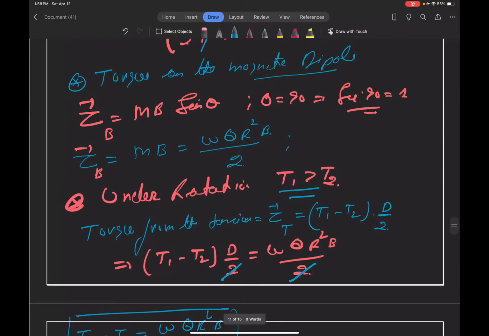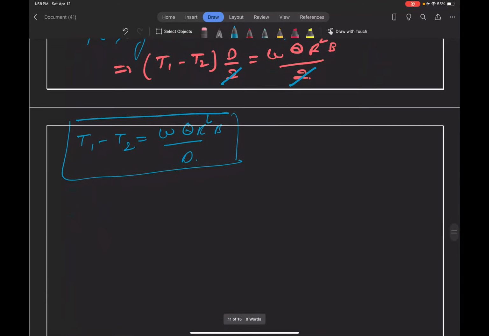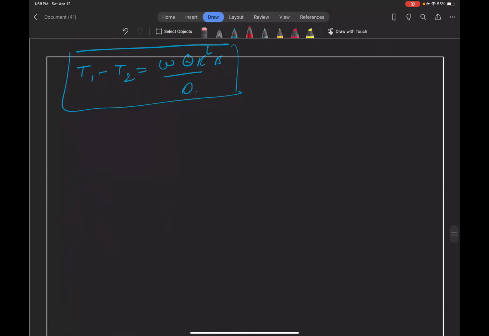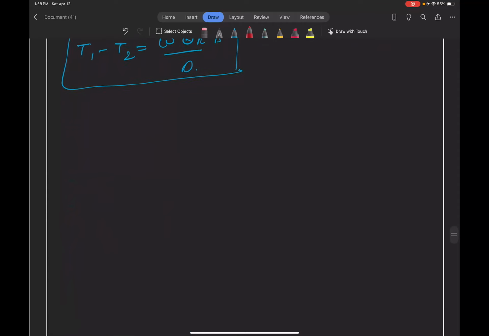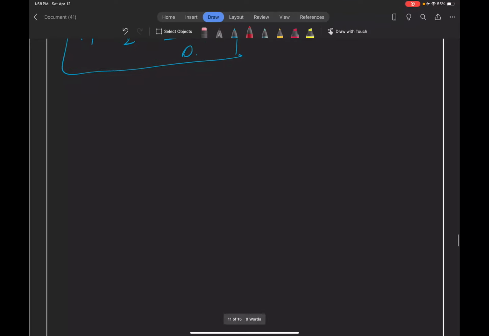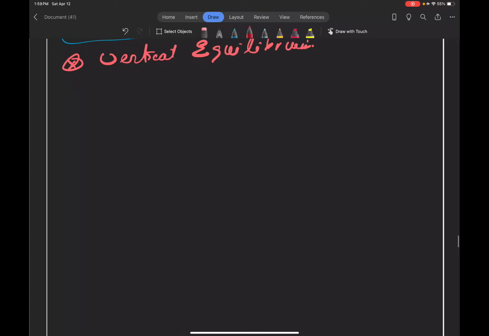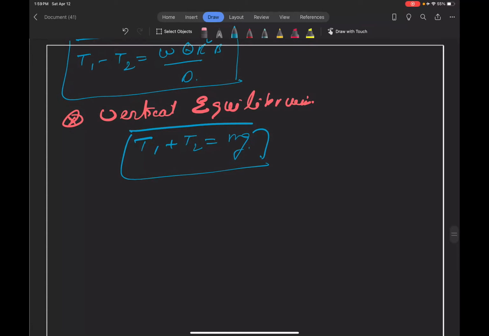And we also know that when it is rotating we have two equilibriums, rotational as well as vertical. So we can also write vertical equilibrium, therefore T1 plus T2 is equal to mg. So let us call this equation number 1 and this equation number 2.